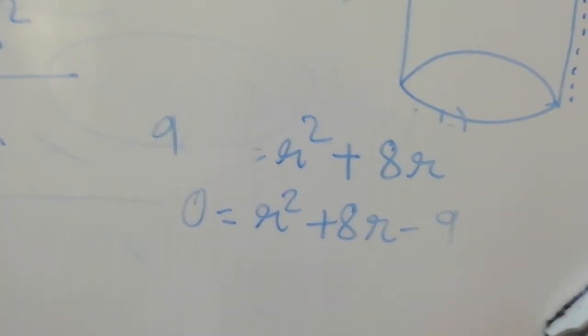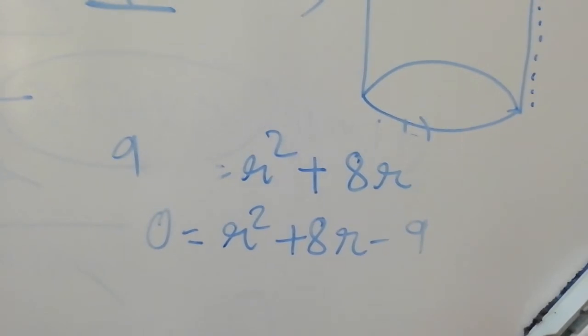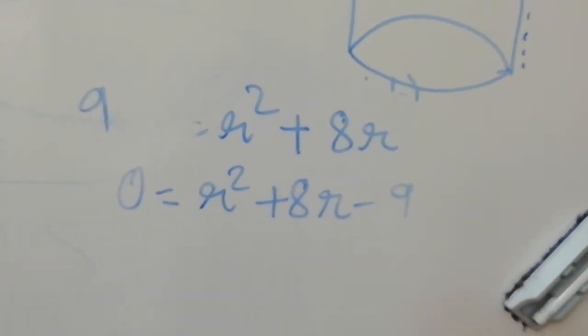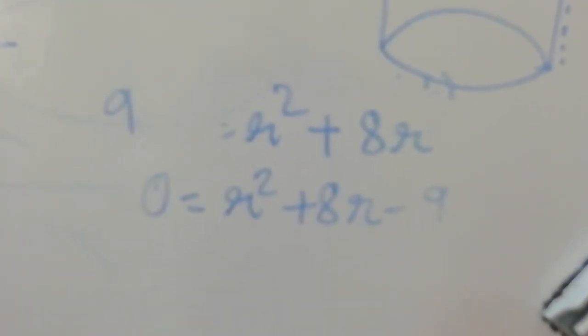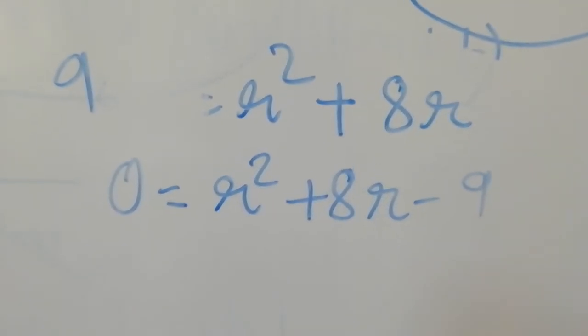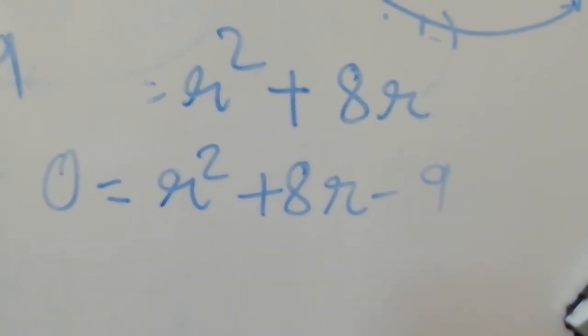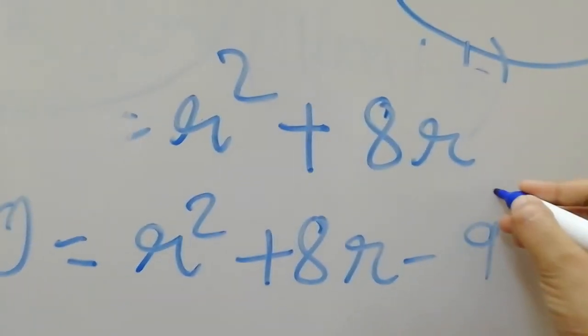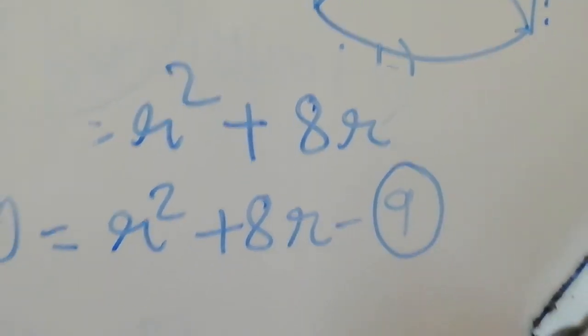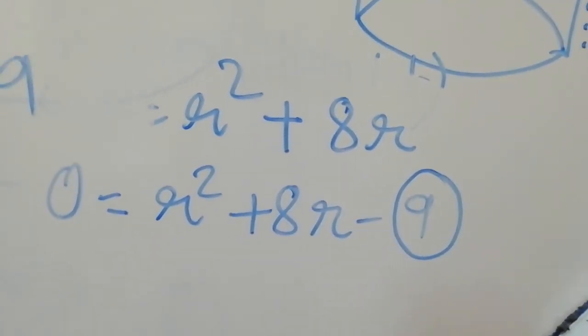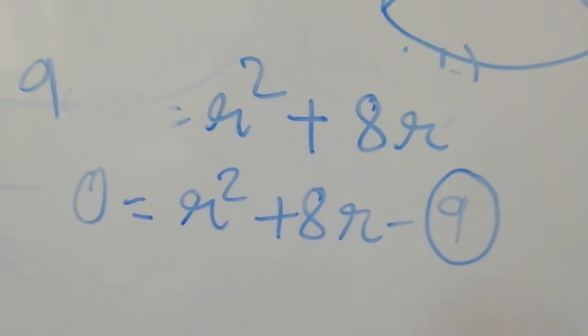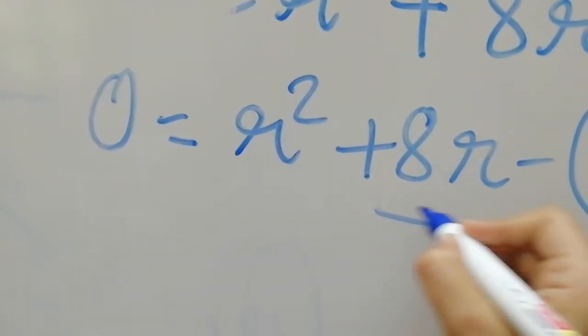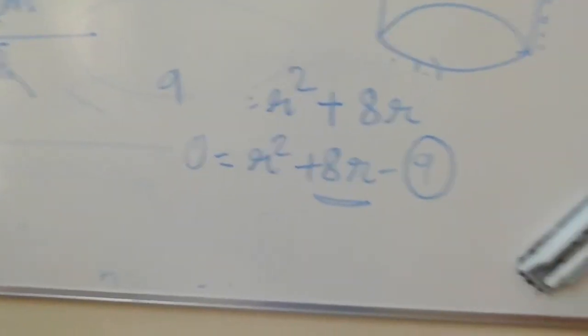In our factorization video, factorization has been completely taught. If you don't remember factorization, go through that video to understand this. Now I will find the factors of 9, whose sum will be this number. What are the factors of 9?